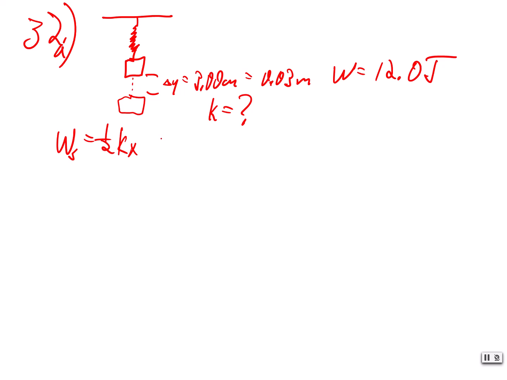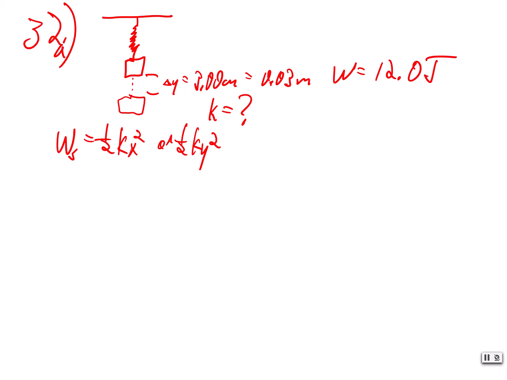Or 1/2 ky squared, since we're going up and down. It didn't tell us we were going up and down, I don't think, but I like to do it that way. You could do it horizontally, same difference, because the spring constant is the spring constant.